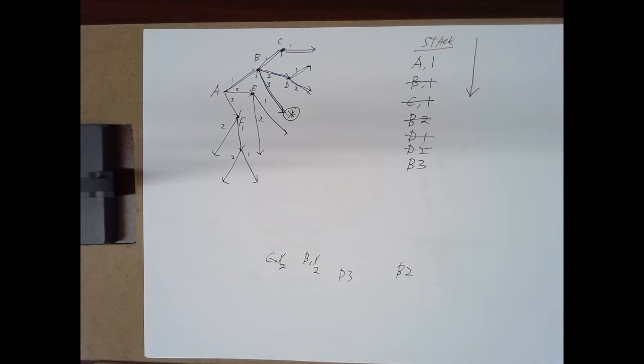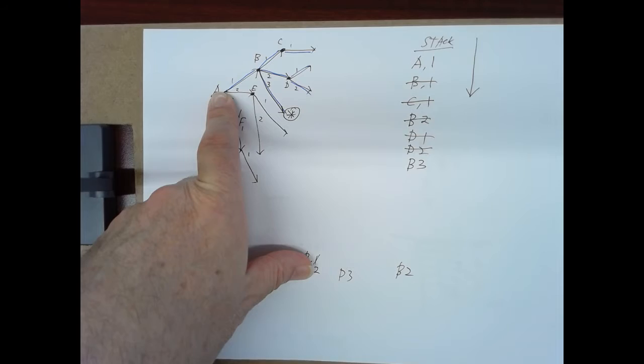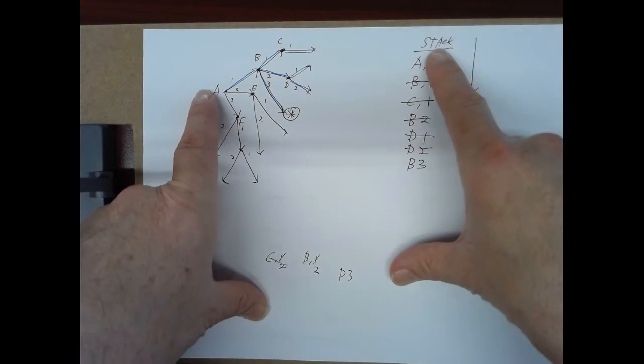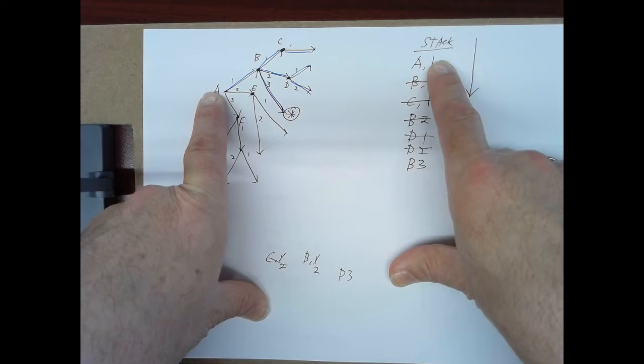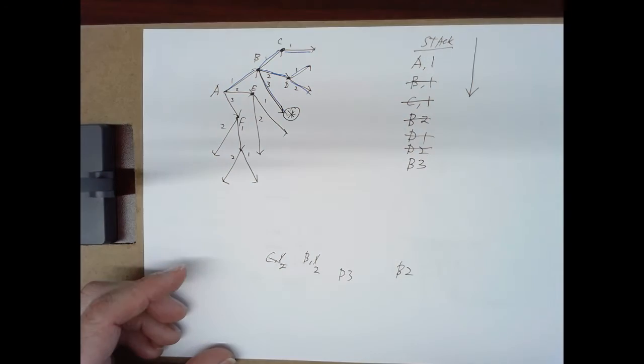Because at each point, when we have a decision to make, we need to remember where we were so that if eventually we get back to that same location, we can go down a different path. And we don't need to do anything with location A until we've explored all of these possibilities. And if B3 ultimately didn't work, we'd pop that off. We'd pop off A1, and now we'd say, let's try A2, and we'd start exploring this whole bottom part of our pathways.